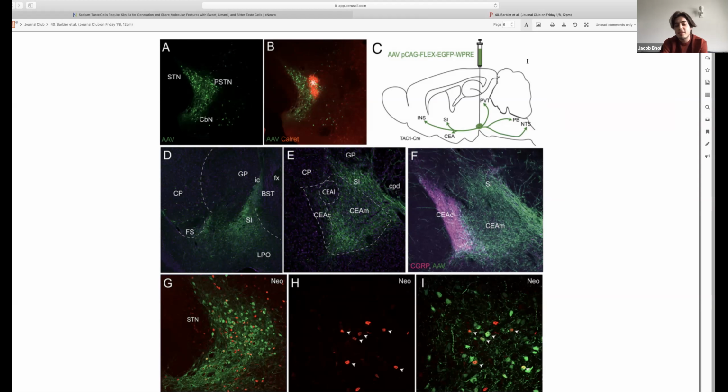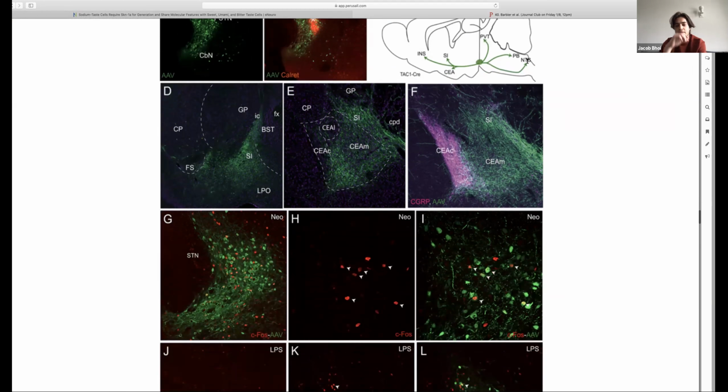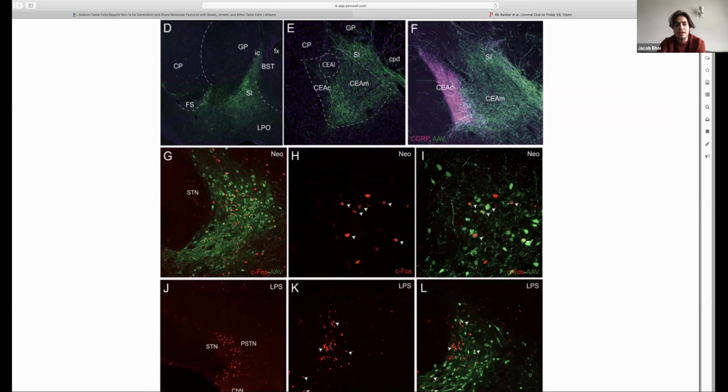And then one thing that was interesting here is that the CGRP innervated area doesn't get very much input from the PSTN. And those are presumably the Cygnus neurons that are projecting there. Yeah, that's the main thing there.